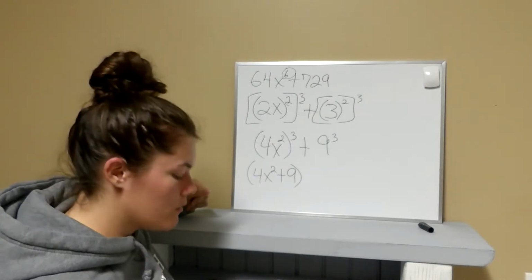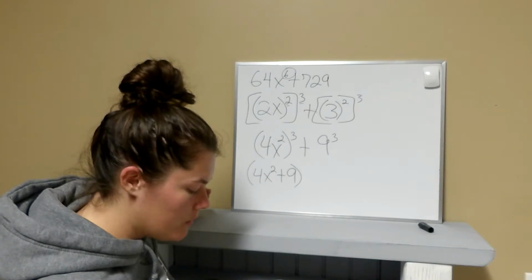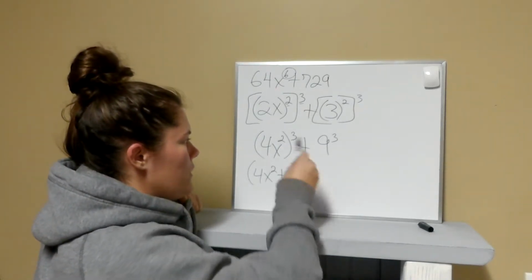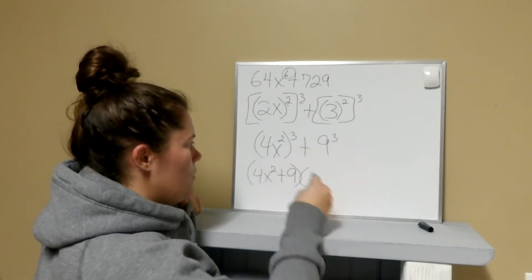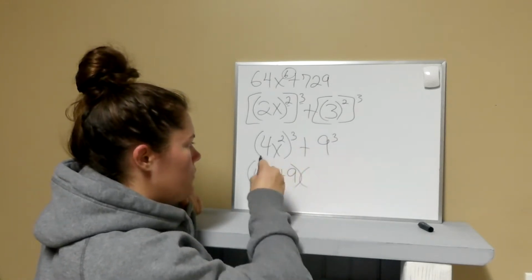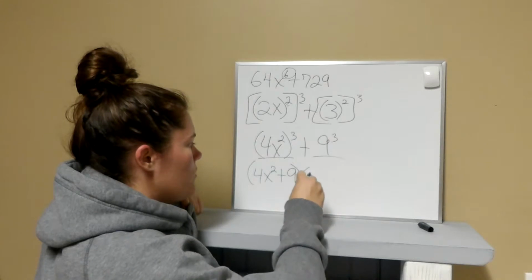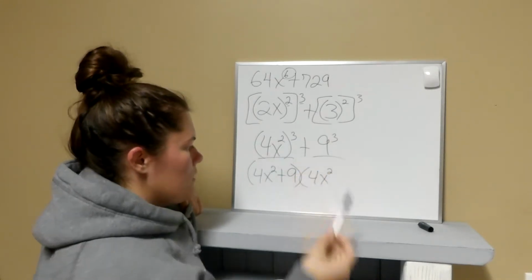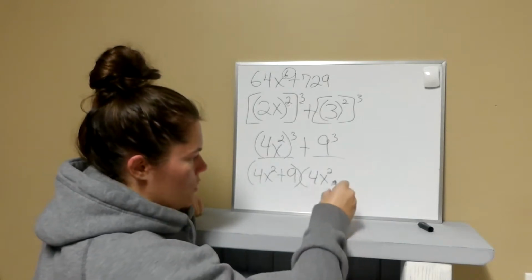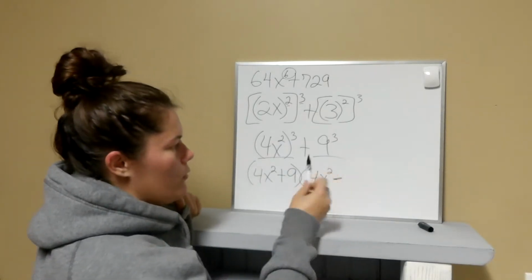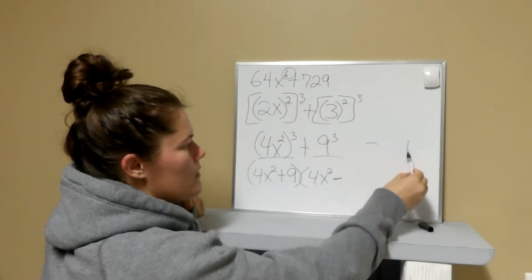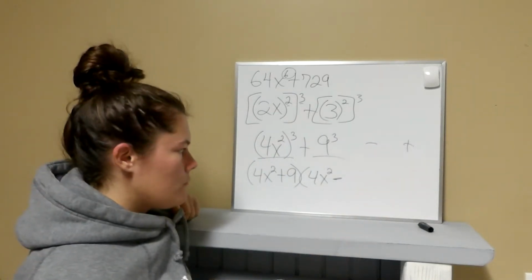Sorry, I just lost my train of thought. Because you're cubing it all, then you would keep going into all of this, and this would be the first part, this would be the second part, so you would have 4x squared, and because this is positive, you're going to do a minus sign, because remember, whenever you do this, the first sign is going to be positive, then negative, and then the second sign is going to be positive.